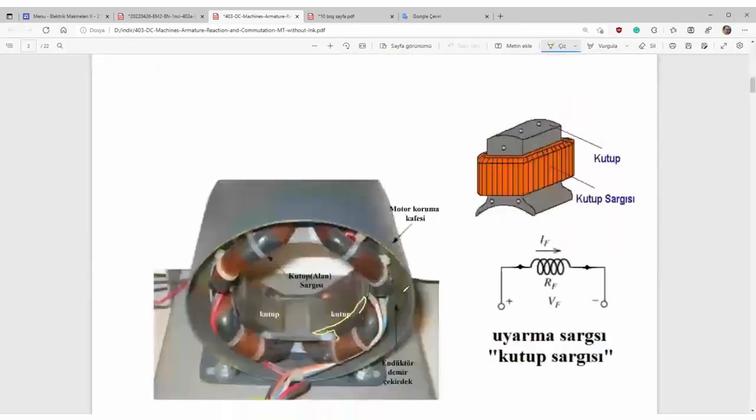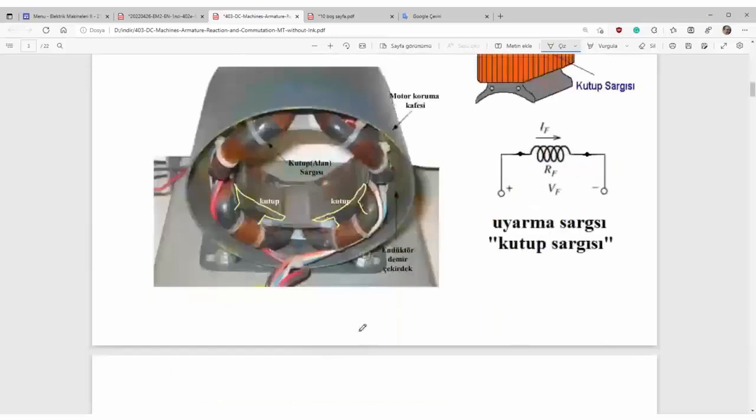In everyday machines, in a cheap machine, you see simple construction. You see a four-pole stator. 1, 2, 3, and 4. Here are the poles. Cannot be seen clearly.